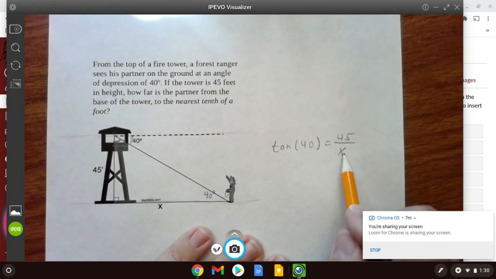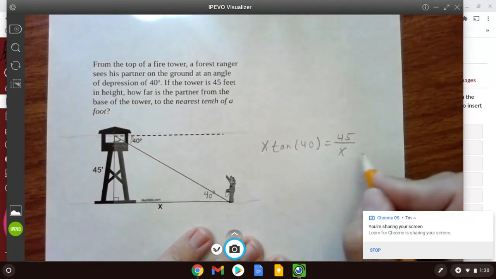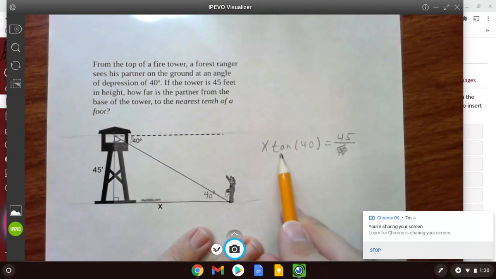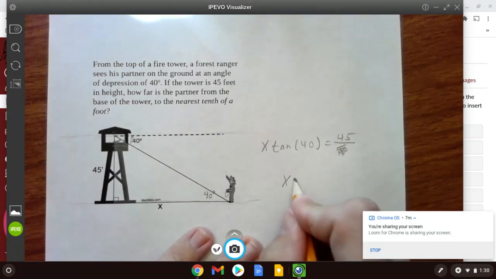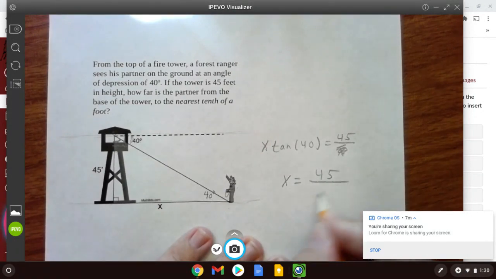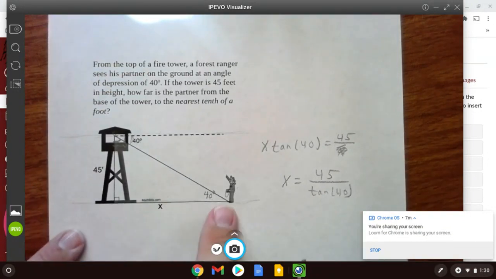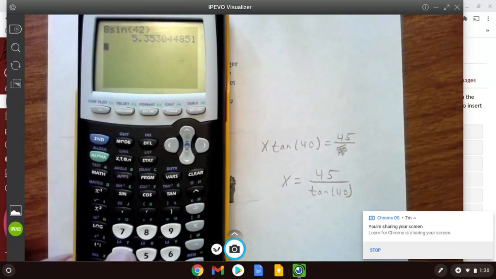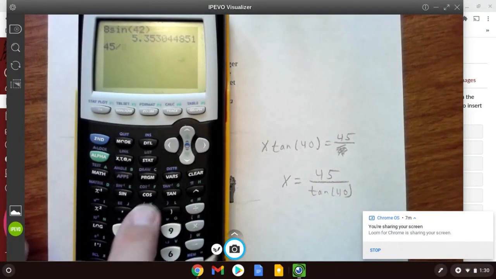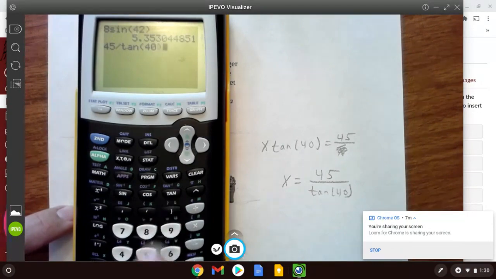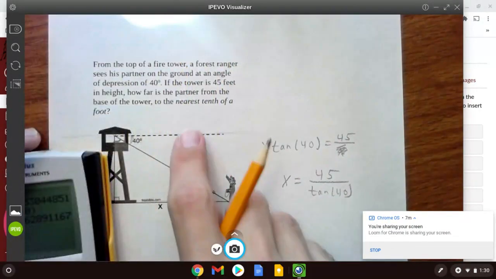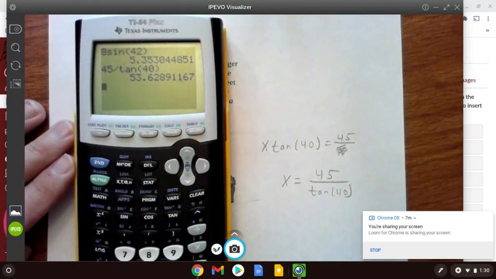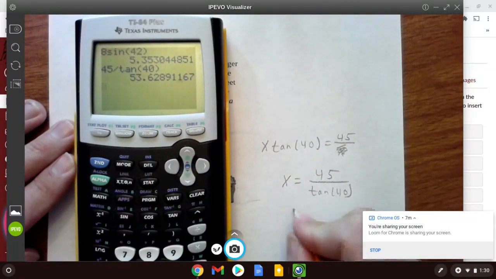If you multiply by x and then divide by tangent of 40, you get 45 over tangent of 40 is this horizontal distance. So 45 divided by tangent of 40 is 53 point, let's see here, to the nearest tenth of a foot, it would be 53.6.